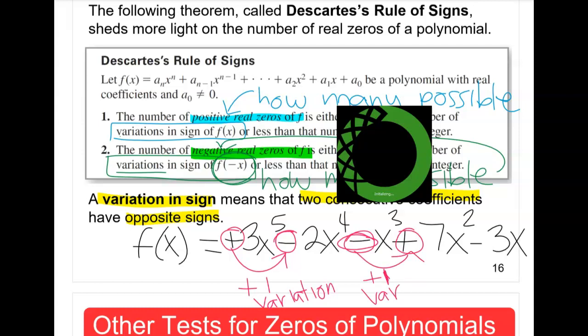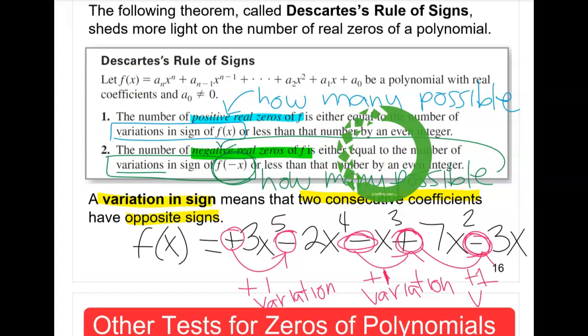So we have a total of +1 +1. And then again, we go from positive to negative, so that's considered another variation.